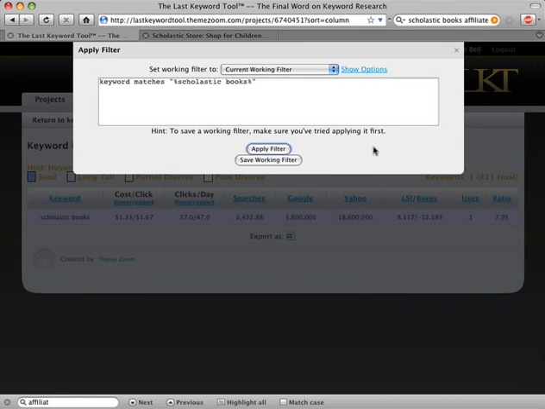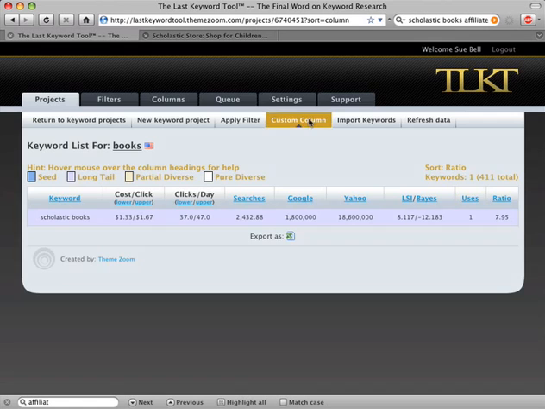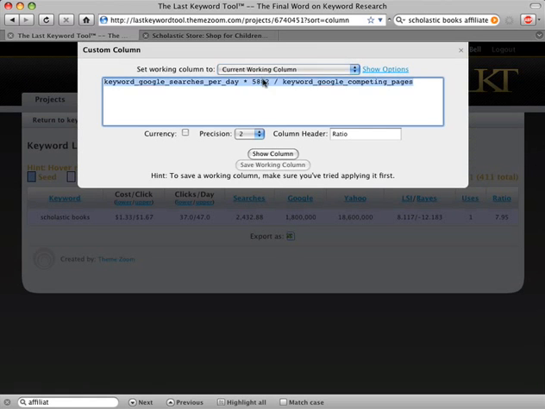Then in our custom column, let's take our searches and say maybe we'll convert 3 or 4%. So that's 3%. If 3% of those convert, we'll say they spend an average of $30, which might be a couple of Harry Potter books and a Hannah Montana poster or something like that. And of course, our commission from that is going to be 7%.